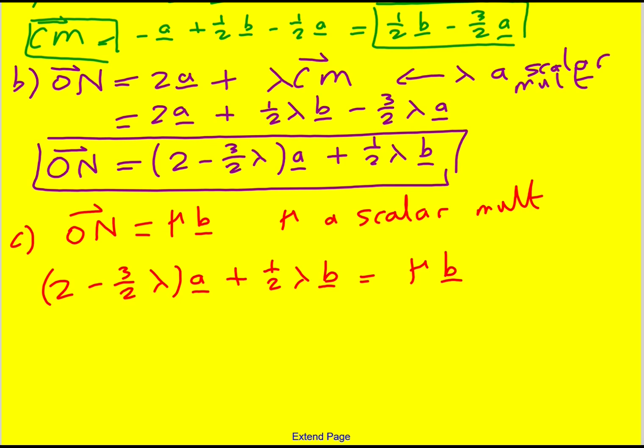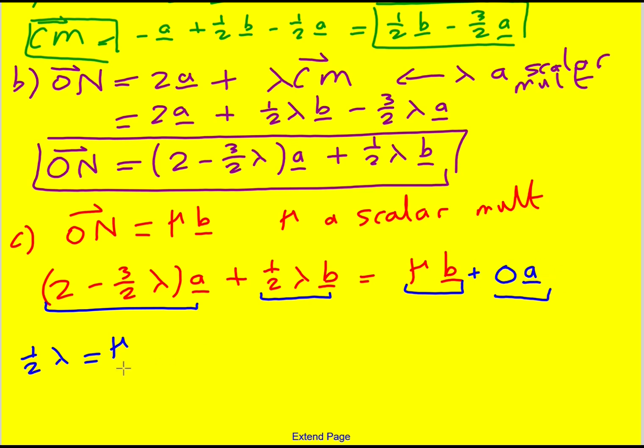Now it can be shown that if you get this sort of equation and A and B are not parallel, then it must be that the B components are equal. So a half lambda must equal mu. And the A components are equal. There is no A component over here, so I guess we could write 0A. Actually, it's going to be that 2 minus 3 over 2 lambda equals 0.